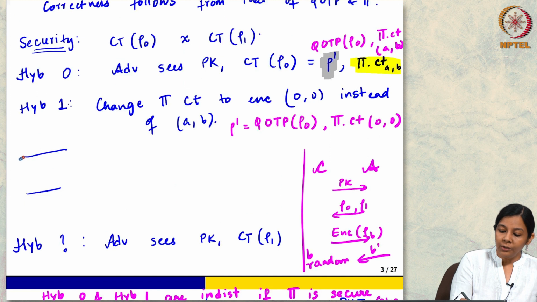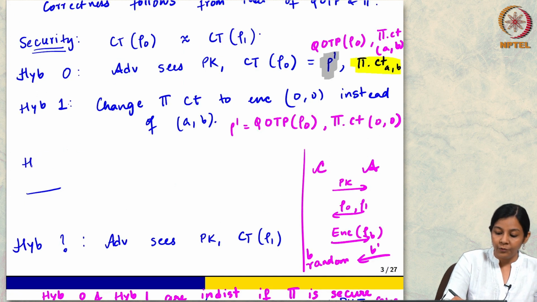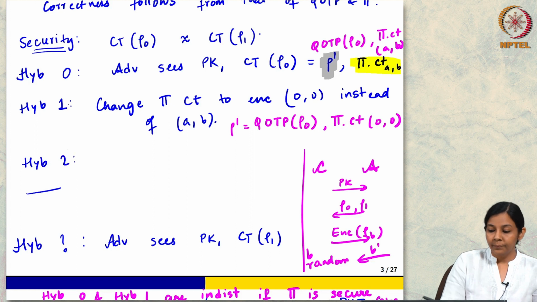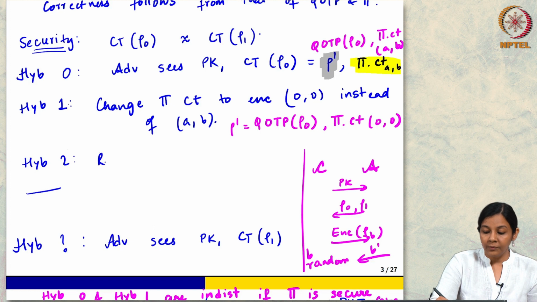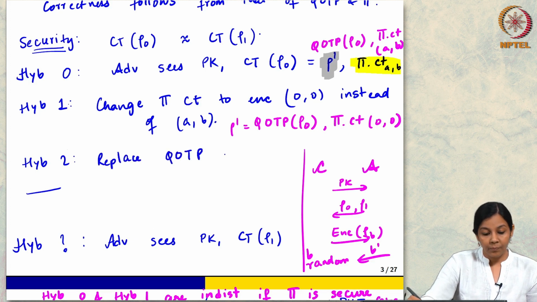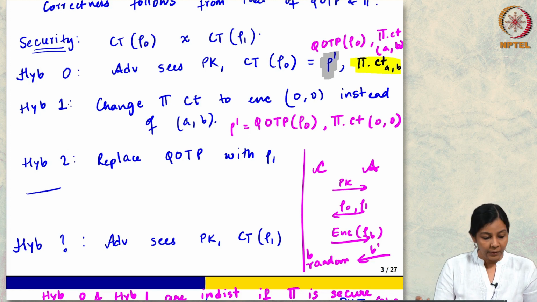So, now what should I do? I have changed my PKE ciphertext to be 0 0. Now, I can replace the quantum state, which means that instead of rho 0, I swap it out and make it rho 1.